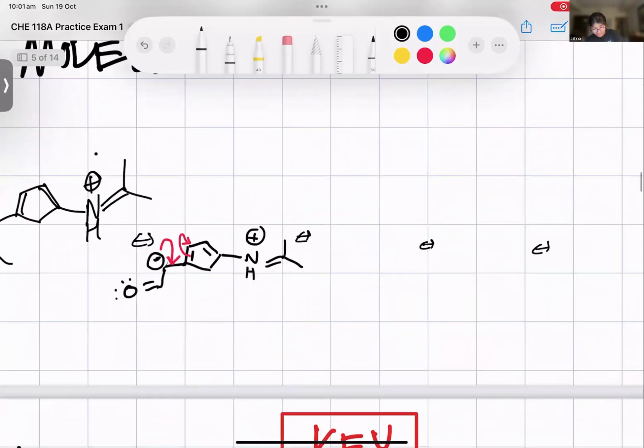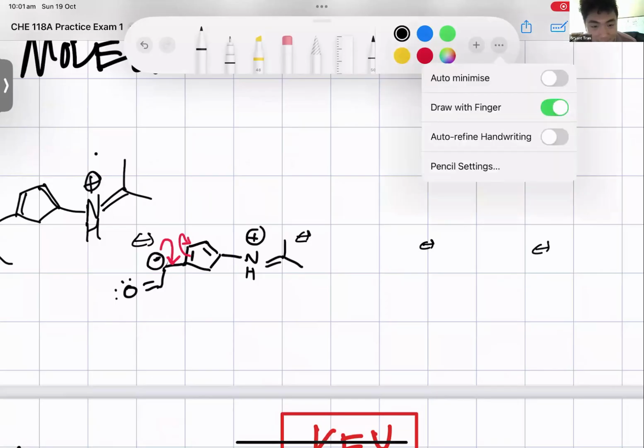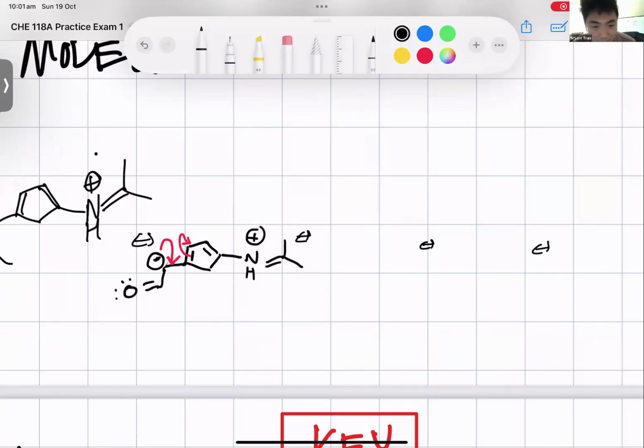Wait, do I have to always redraw it? I'm going to see if I can just copy and paste. Yeah, or you could just draw the squiggly sign to show the fragment, draw out that ring and show where the negative charge would be, and everything else would be the same.